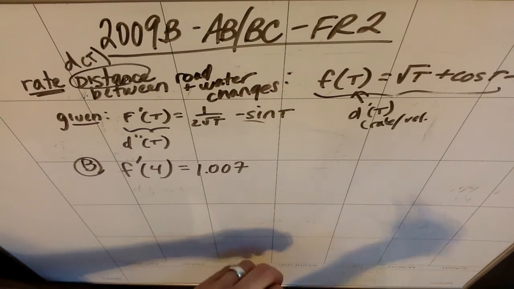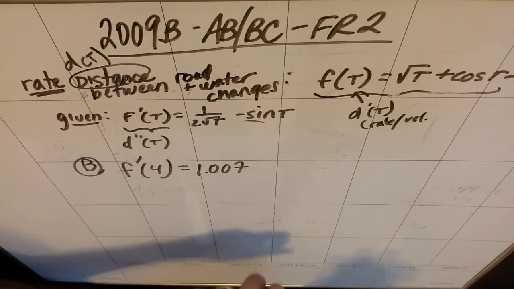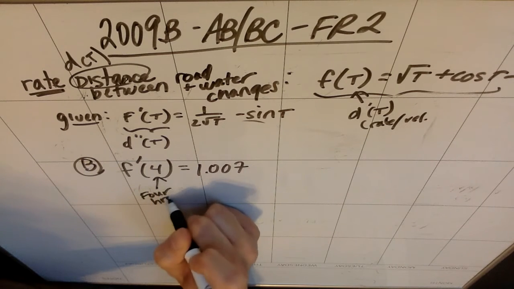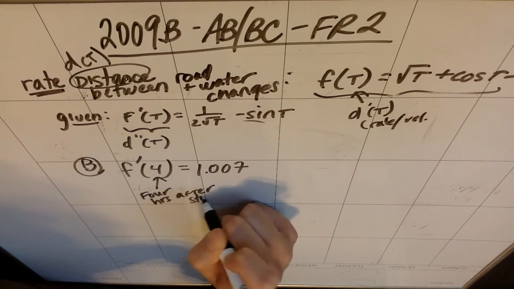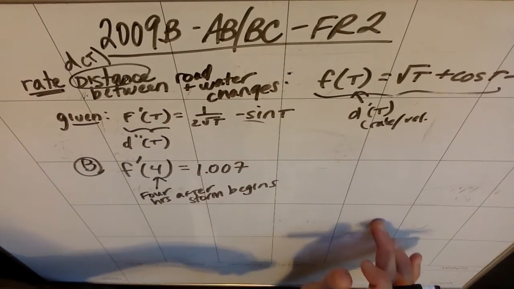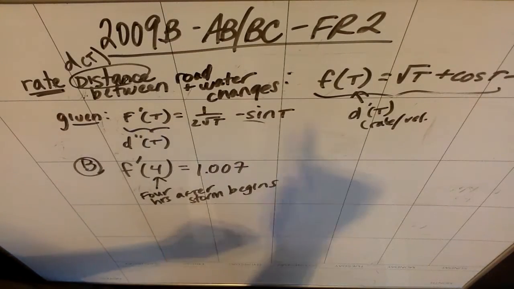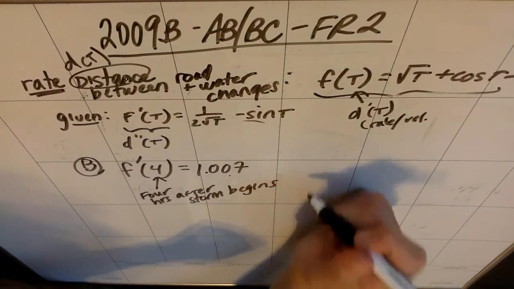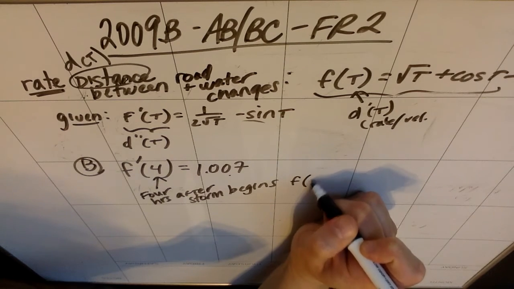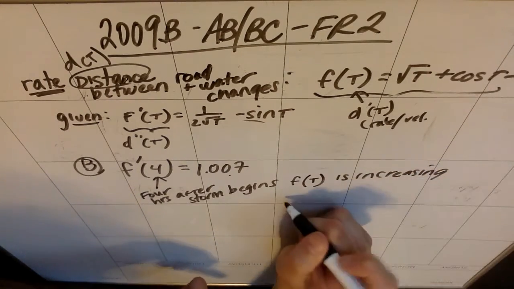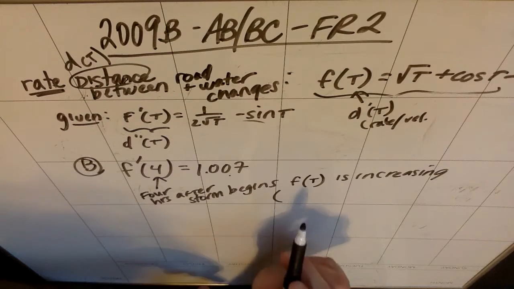That means that what's happening is 4 hours after the storm begins, the rate of change of the distance between the road and the edge of the water is increasing, because, okay, so f of t is increasing, right, because f prime of t is positive, which means f of t is increasing.